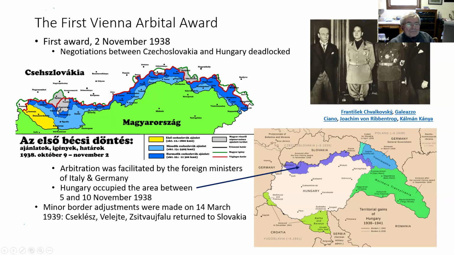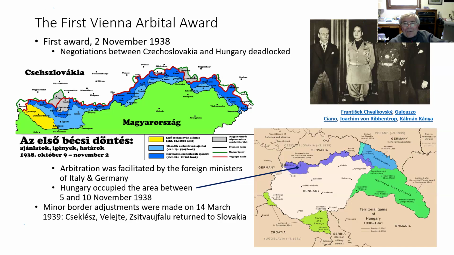So basically, it fairly closely followed the ethnic boundary, with the Hungarian ethnics versus where the split was between the Hungarians and the Slovaks. Since the two governments couldn't really come to an agreement, the Germans and the Italians decided to arbitrate, basically just dictate where the border was going to be.